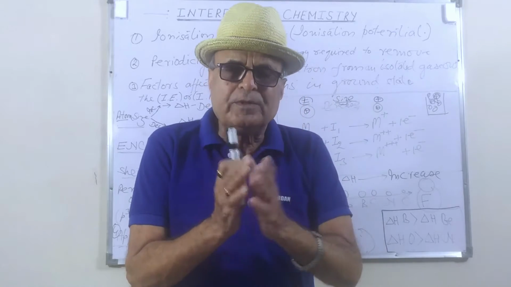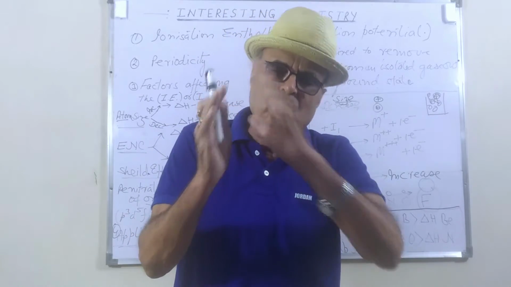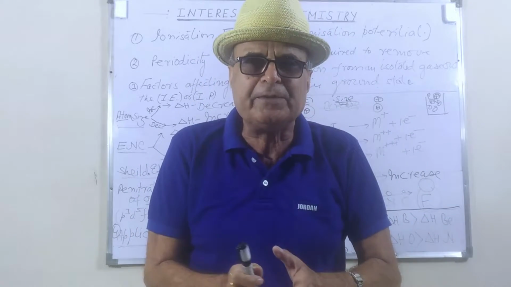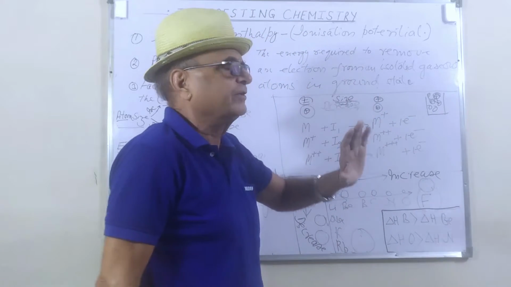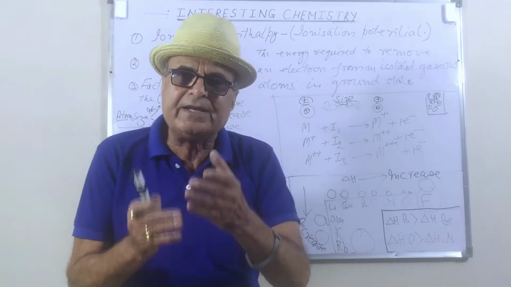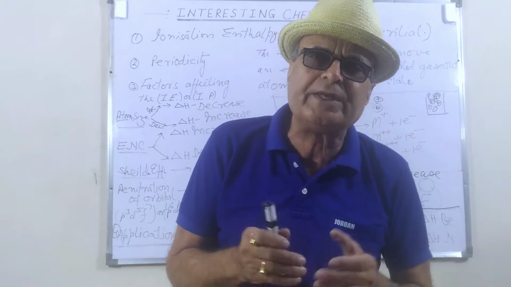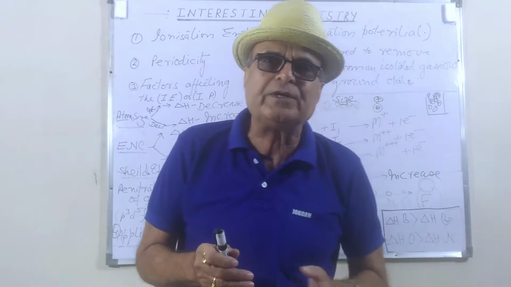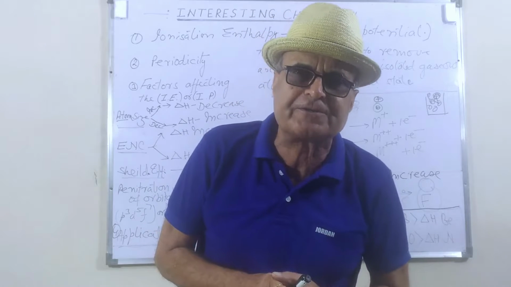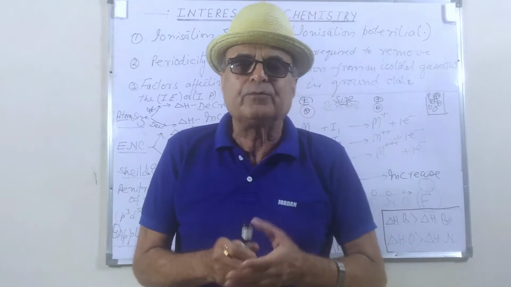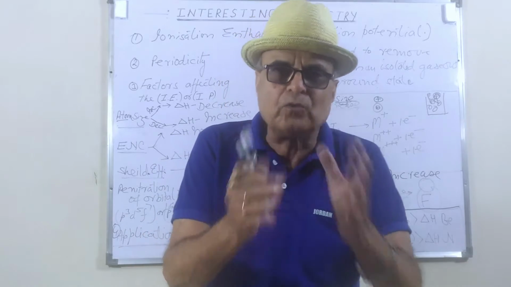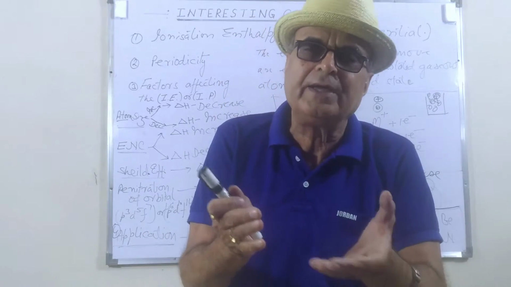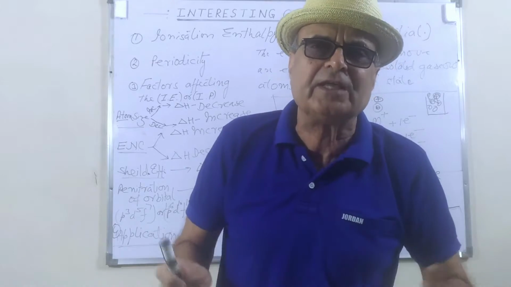In the normal state at normal temperature, there is no extra energy; that is called the ground state. So again, the energy required to remove an electron from an isolated gaseous atom in the ground state is called ionization enthalpy.